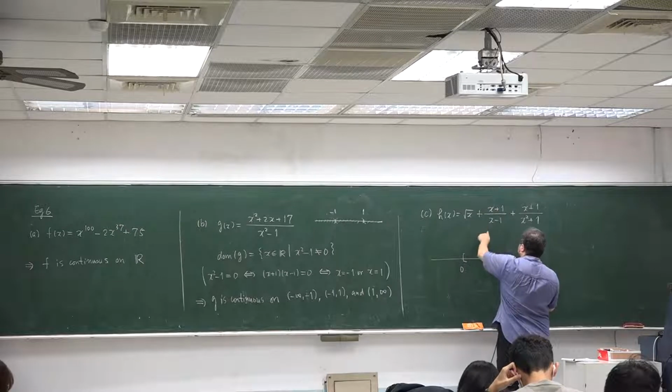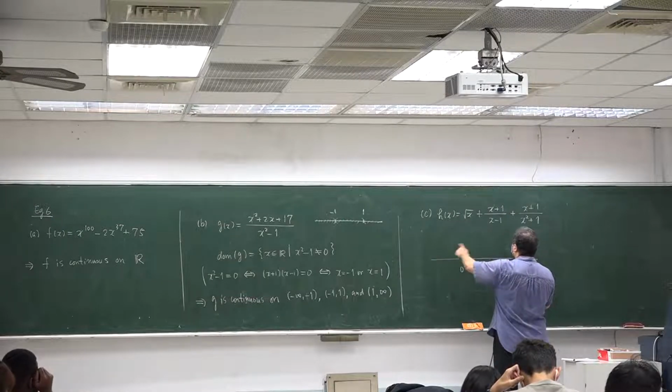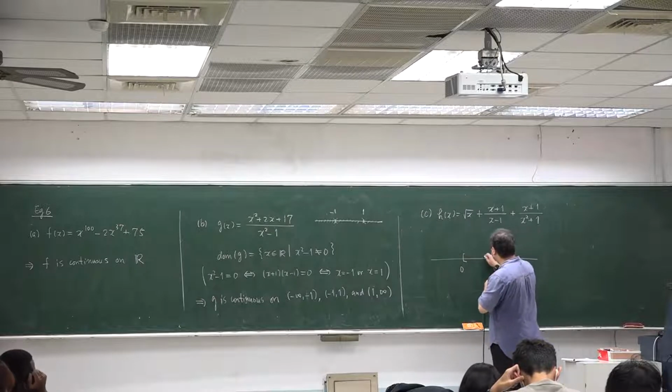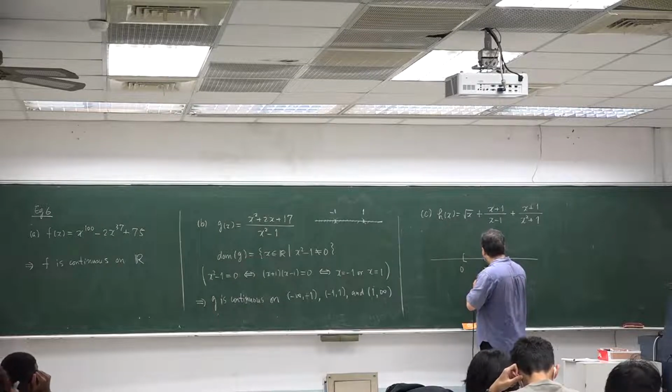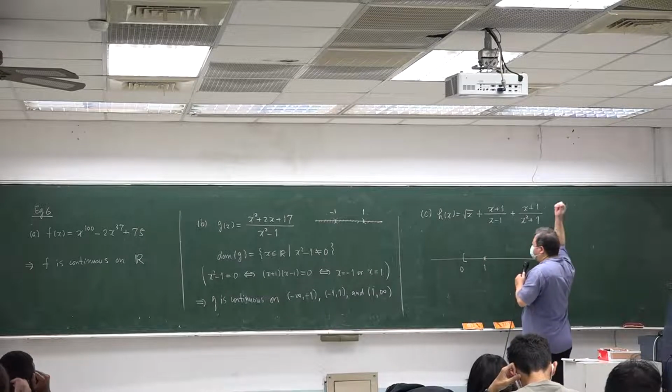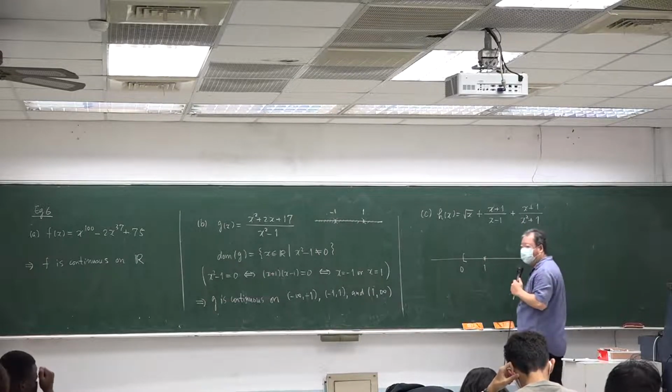And for this function, this is a rational function whose domain is the real number line except x equals 1. So in order for h(x) to be defined, x cannot be 1. So 1 should be thrown out.